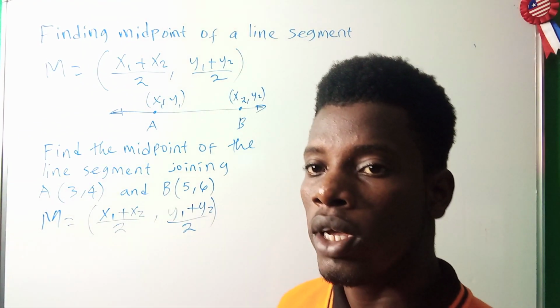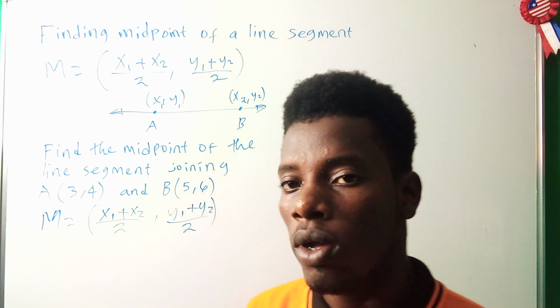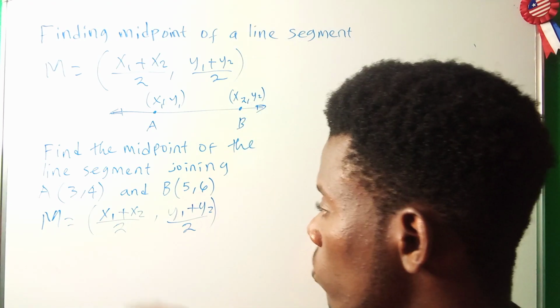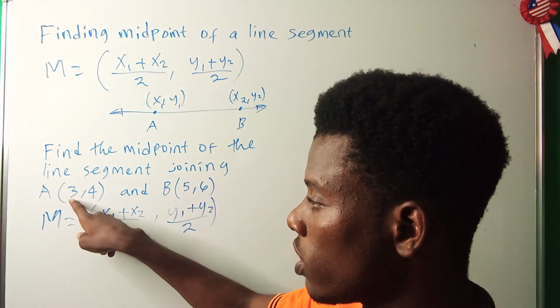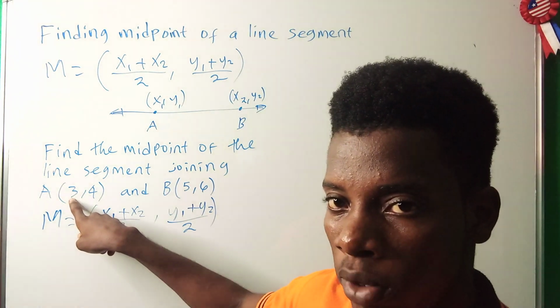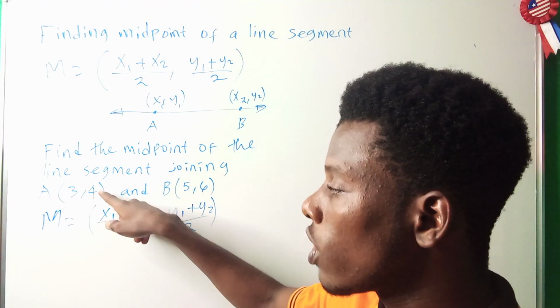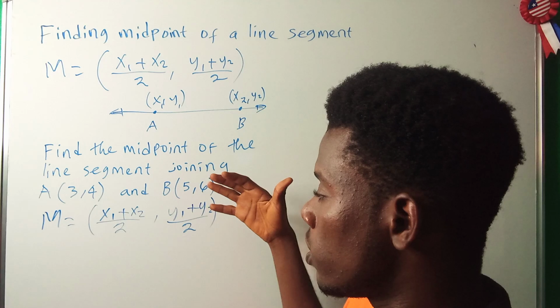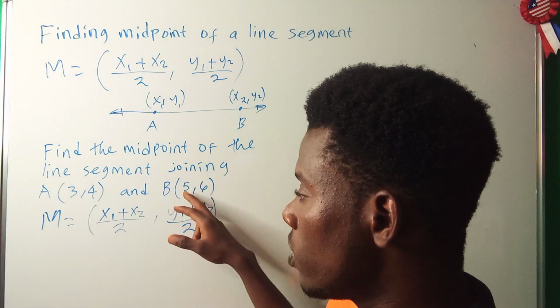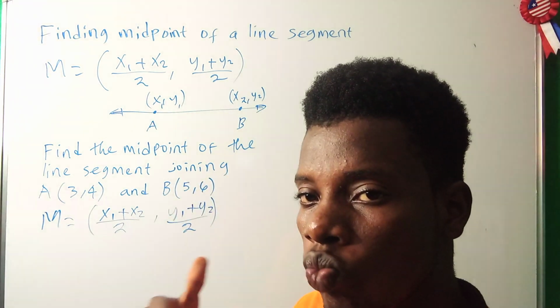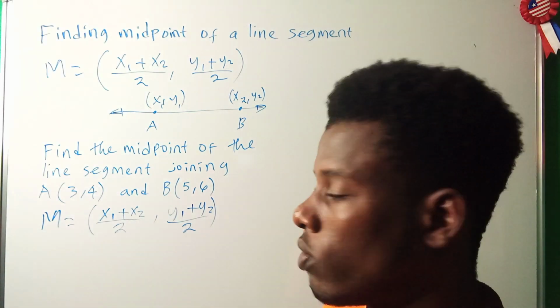Now, what we need to do is to identify our x1, x2, y1, and y2. So for point A, the first number will be x1, and the second number will be y1. And for the second point, point B, the first number will be x2, and the second number will be y2.